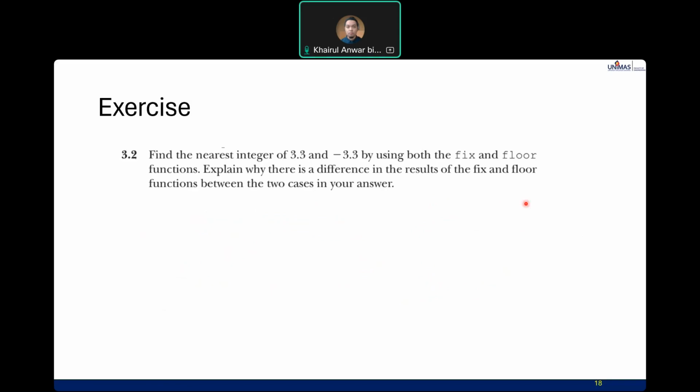Do this exercise. Find the nearest integer of 3.2 and negative 2.3 by using both fix and floor. Explain why there is a difference in the result of the fix and floor functions between the two cases in your answer.